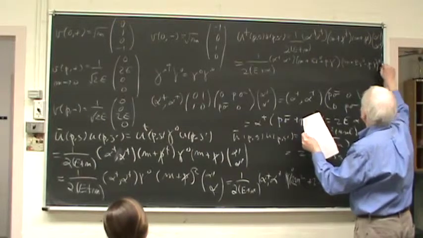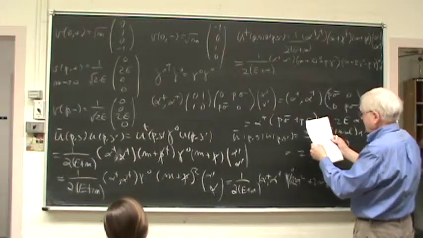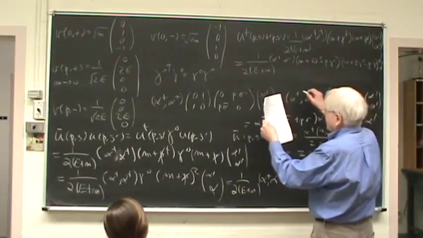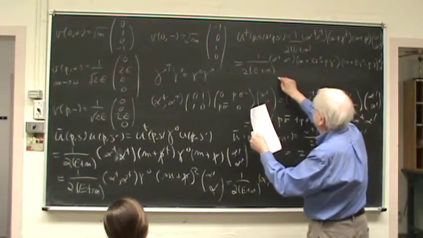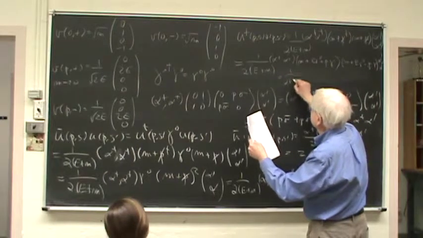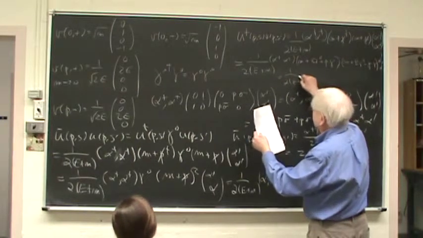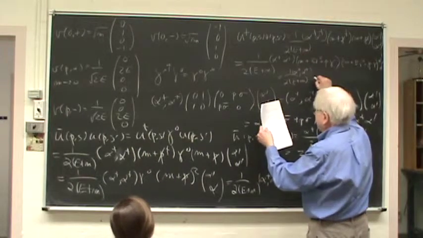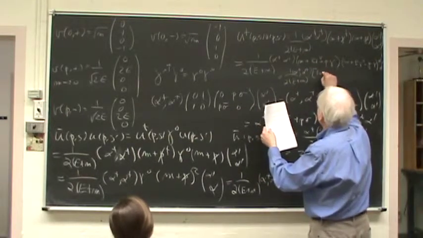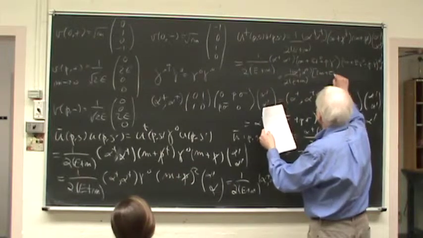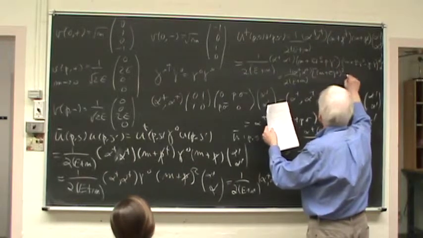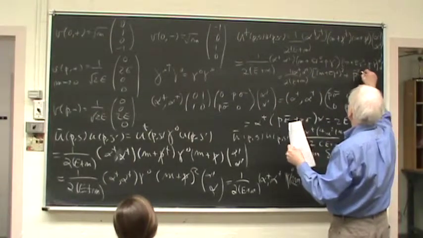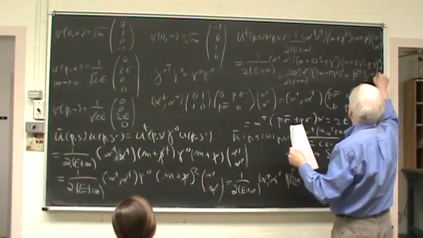And then alpha prime. Well, if you work all that out, what you get is this factor 1 over 2 e plus m, and then you have alpha dagger, and then (m plus e gamma 0) squared plus p vector squared, alpha prime.